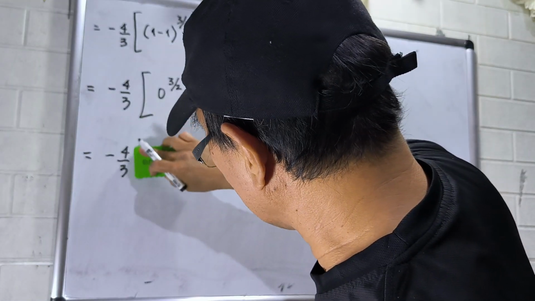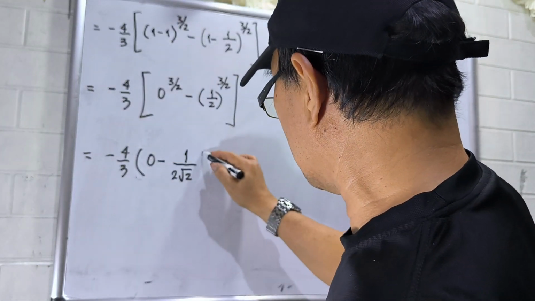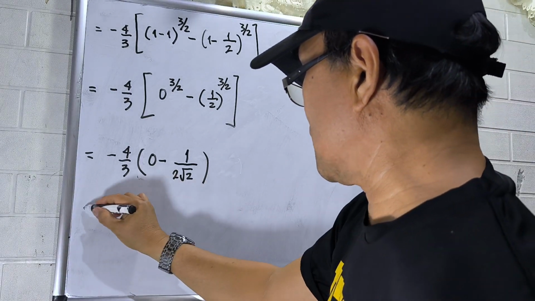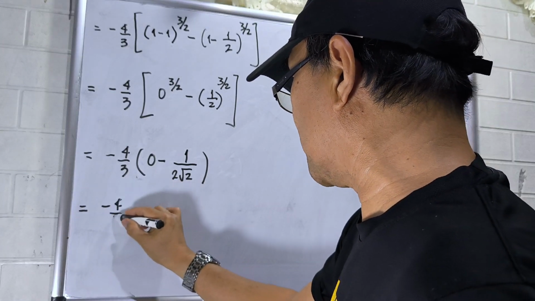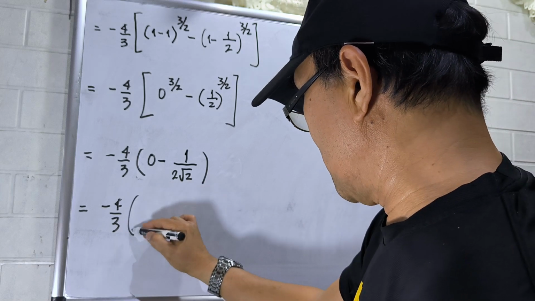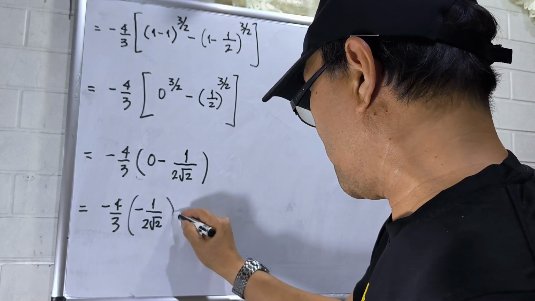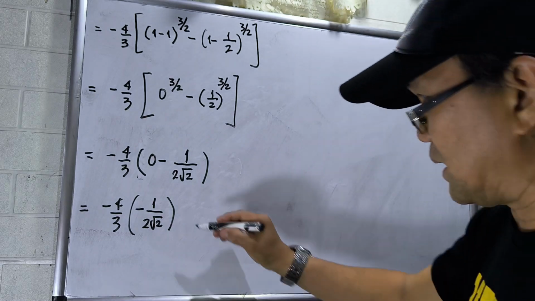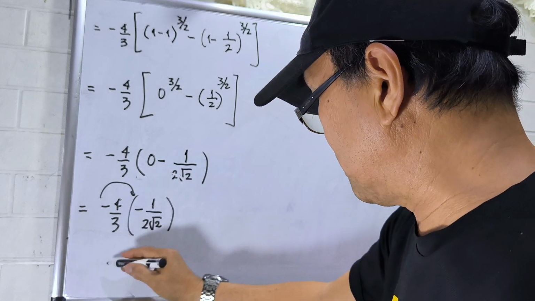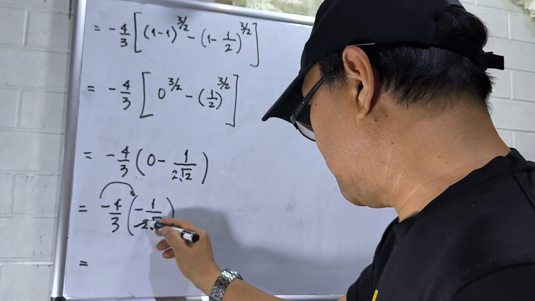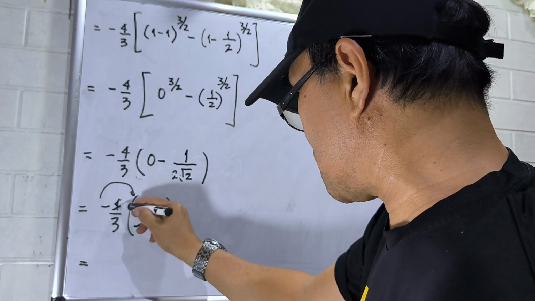Using circle brackets, this will be negative 4 over 3 times negative 1 over 2 square root of 2. So negative times negative will be positive, then 4 divided by 2 is 2.